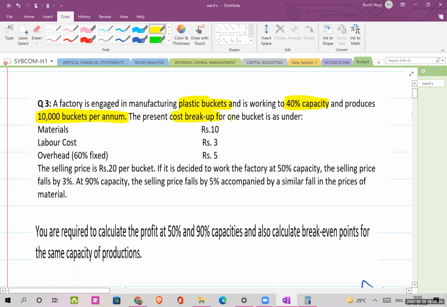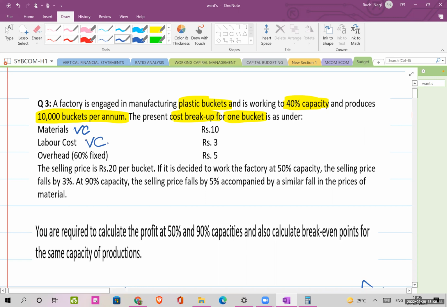Breakup cost of one bucket, that means per unit, is given. Raw material, so this will be my variable cost. As I told you earlier in the past lectures also, you have to identify fixed and variable cost. Labor will also be treated as variable cost.